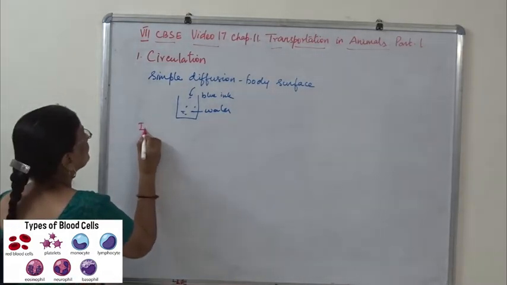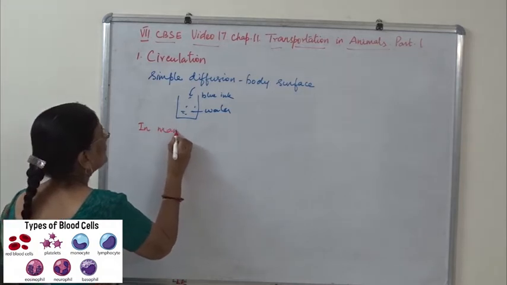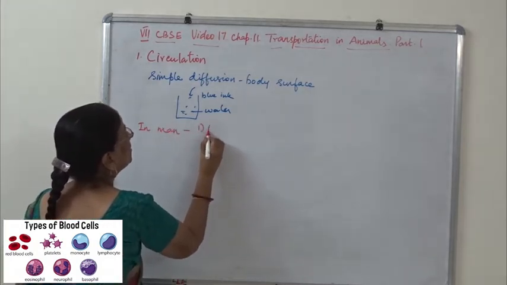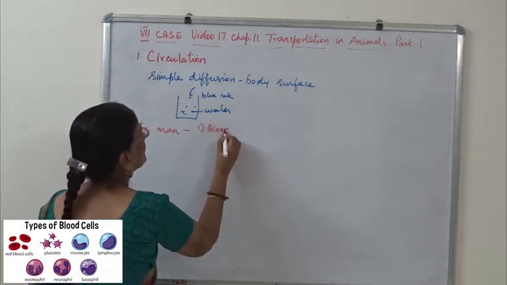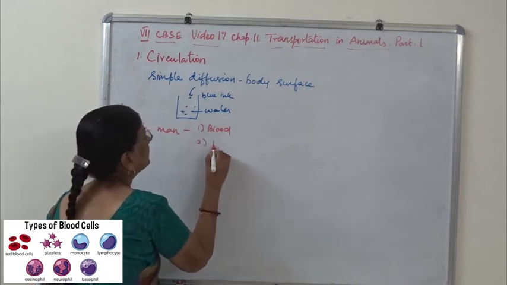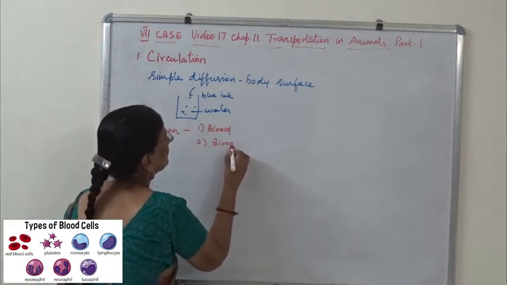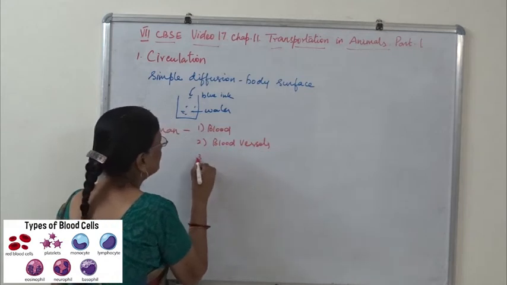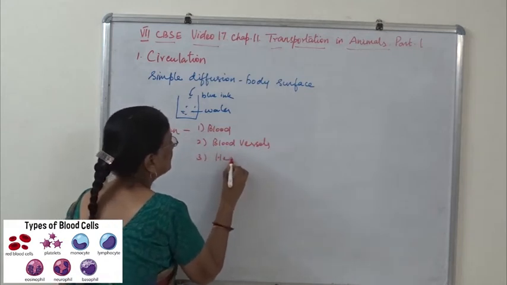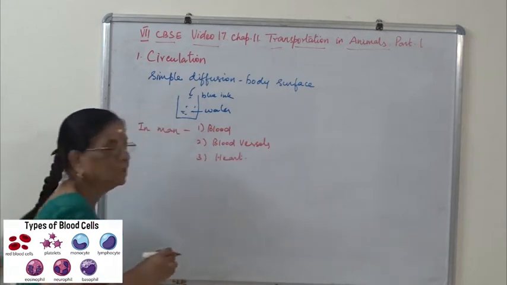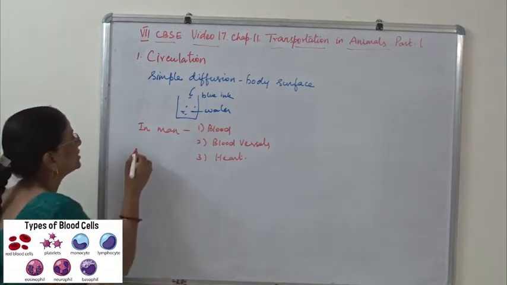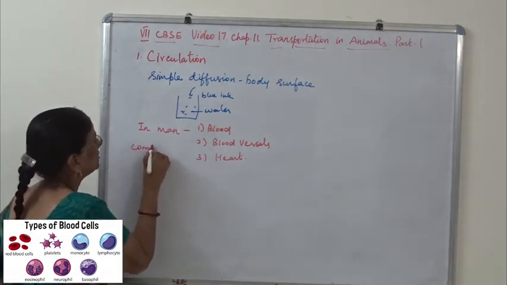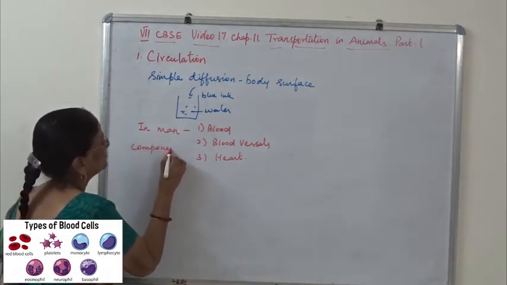In man, the three components are: first, blood; second, blood vessels; third, the heart. So these three are the components of the circulatory system.